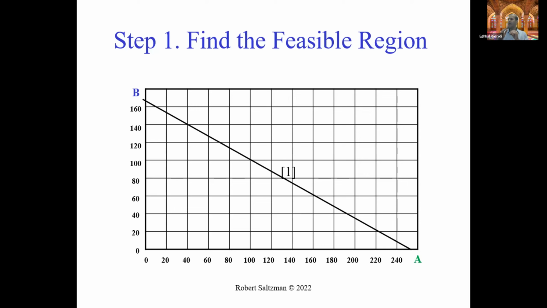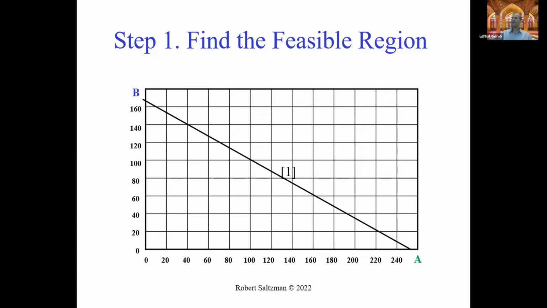I'm going to choose 0 and 0. If you plug that into the constraint, it would be 0 plus 0, which is less than 1,000. So that makes this point feasible. So the left side of this line is feasible.